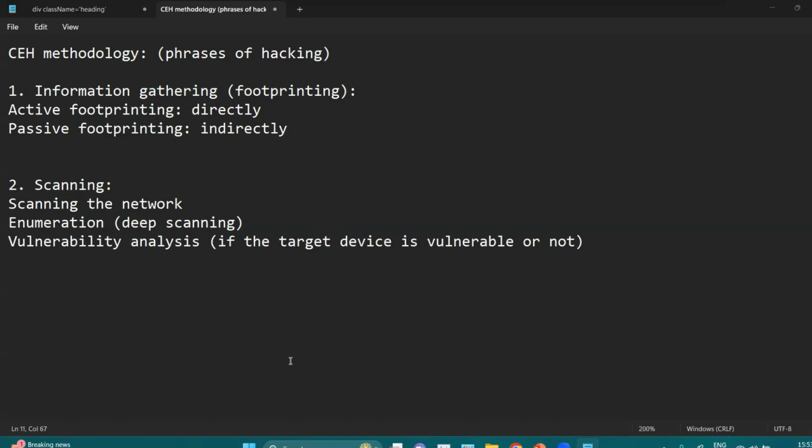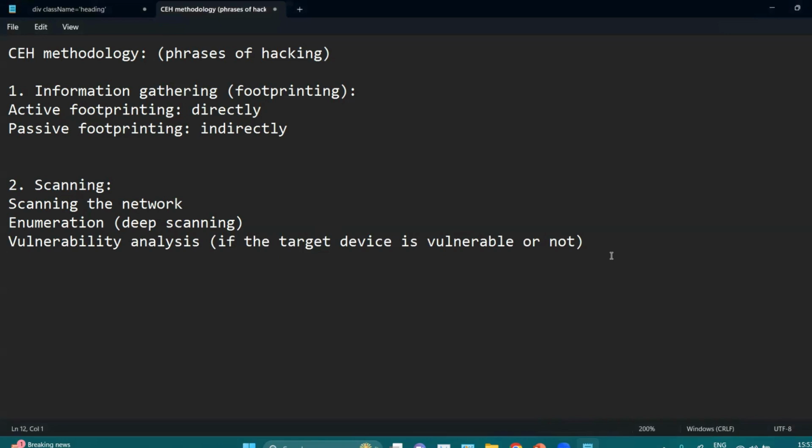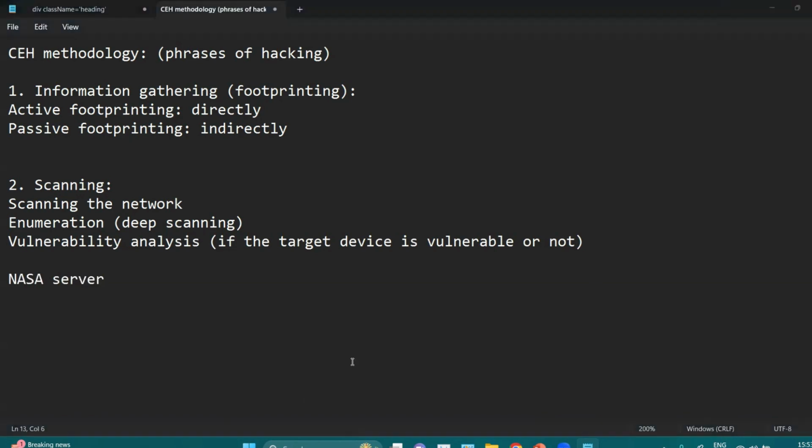Now, what if the device is not vulnerable? What can we do? Let's say you want to hack a server, and that server is not vulnerable in any case. Let's say any NASA server, and let's say that server is not vulnerable to any services. It is like a fully secured server.